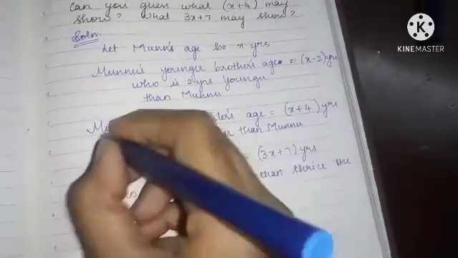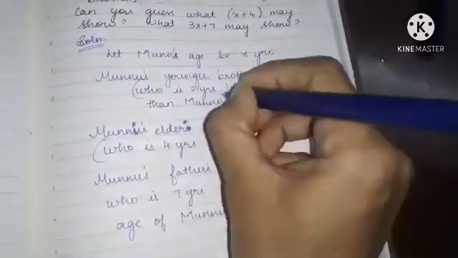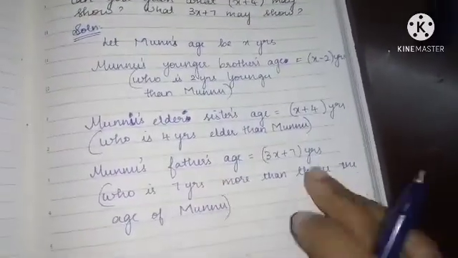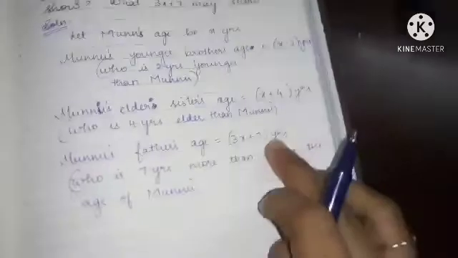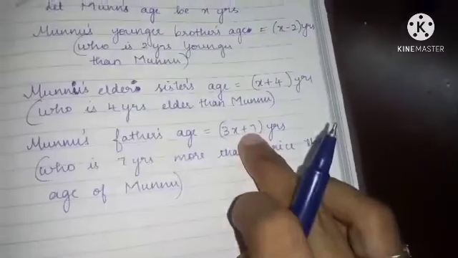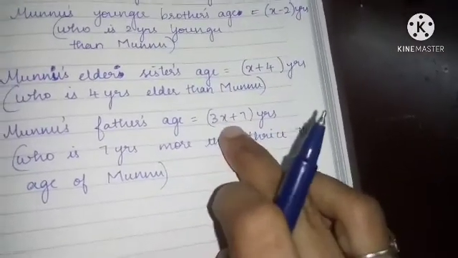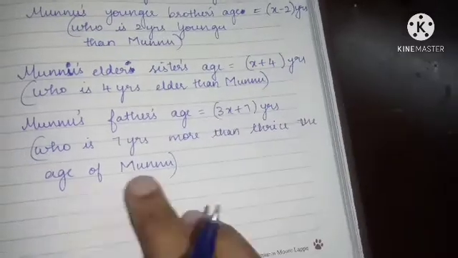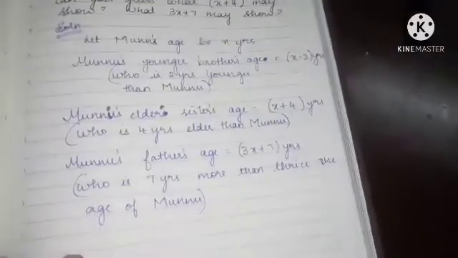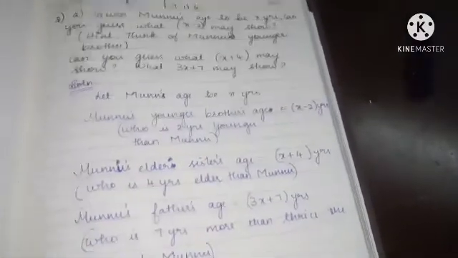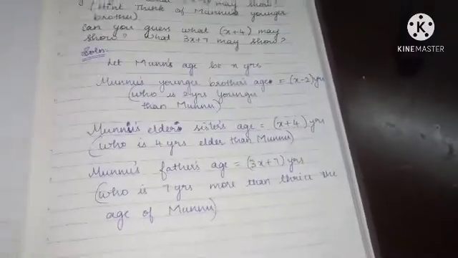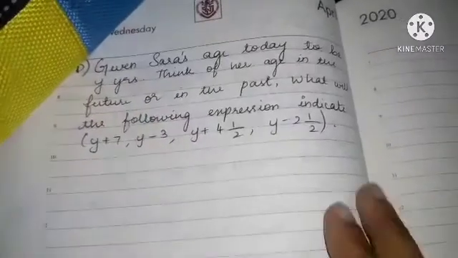Correct? We can put this in brackets. These are all things. This is a condition actually, right? Who is 7 years more than means plus, thrice x, but thrice the age of Munnu. So likewise, you should give the solution for each question. Understood?